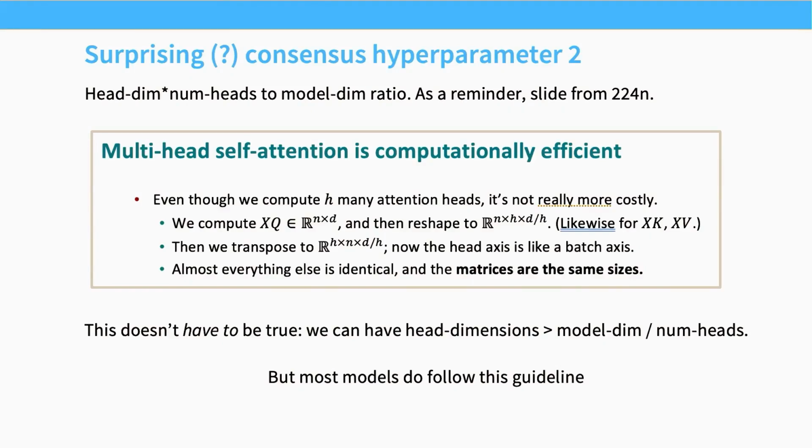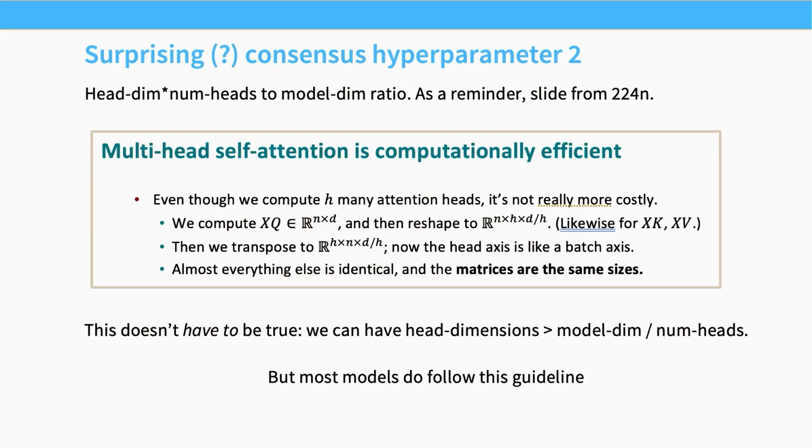So you always divide the hidden dimension to basically multiply with h. In this case, you have h, the number of heads, and the dimension of each head is d over h, so you multiply the two and you get d, right? For some reason, this is kind of the rule of thumb.